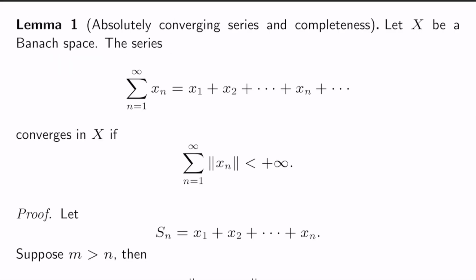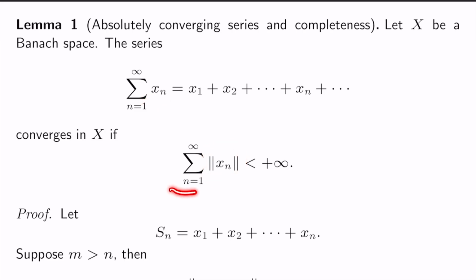Now let's prove this lemma about absolutely converging series and completeness. Let X be a Banach space, so it's a complete normed space. Then this series converges in X if this series is convergent. So this series is the sum of the norms of the terms of the original series.